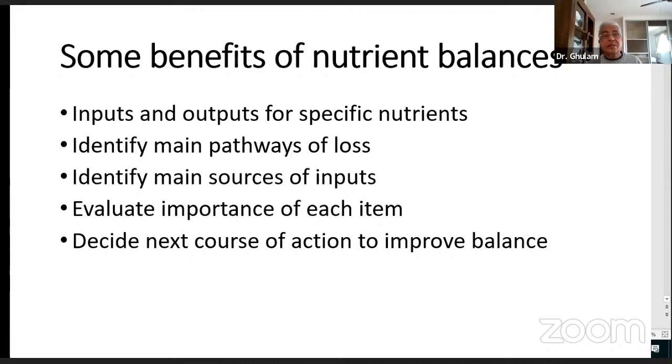From there, they can see for this particular district, for example, what is the most important action to take to restore the balance. For example, if the balance shows that the district is losing a lot of nutrients through soil erosion, then they must come up with a strategy to reduce the rate of soil erosion for that particular district.